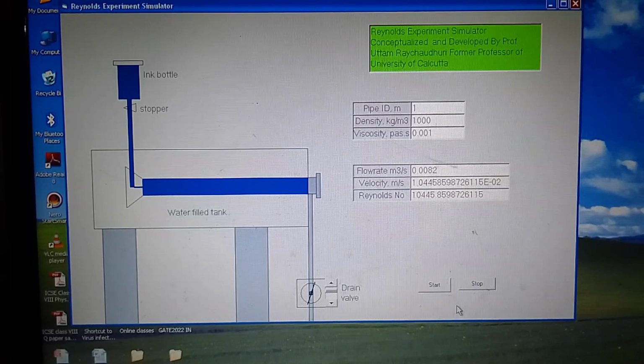This is just a simple understanding of the Reynolds experiment, which proves that up to a Reynolds number of 2100 the flow is laminar, after that it is buffer, and when it reaches 10,000 and above, it is totally turbulent, where eddies are formed and finally the ink is mixed up.